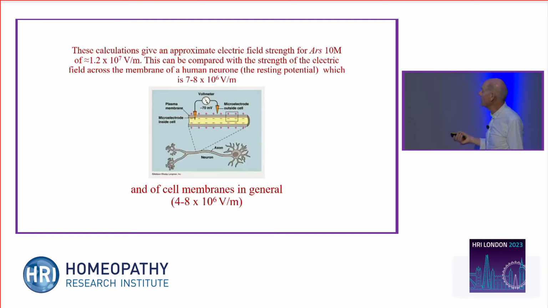And it turns out that the figure that drops out is about 10 to the 7 volts per meter. And that is comparable with the potential difference across cell membranes. So that's probably enough for potencies to have an effect electrically on systems. And it's a nice experiment that shows that the potencies do have an electric field.